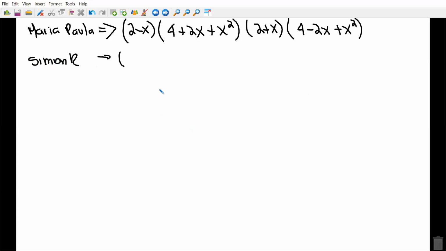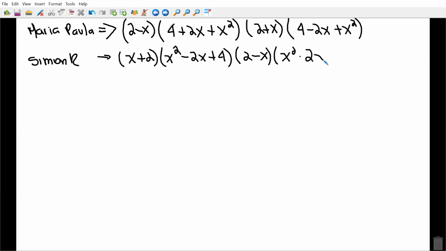Okay. So my answer would be parentheses x plus 2 parentheses x to the second power minus 2x plus 4 parentheses 2 minus x parentheses x to the second power plus 2x plus 4.